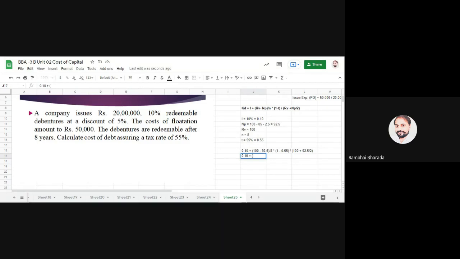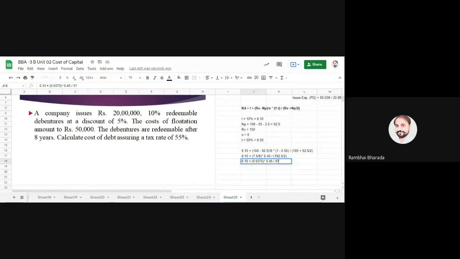How many? 7.5 upon 8, bracket over, into 1 minus 0.55, that is 0.45, upon 100 plus 92.5, that is 192.5 upon 2, bracket over. 0.10 plus 7.5 divided by 8 is 0.9375. And 192.5 upon 2.